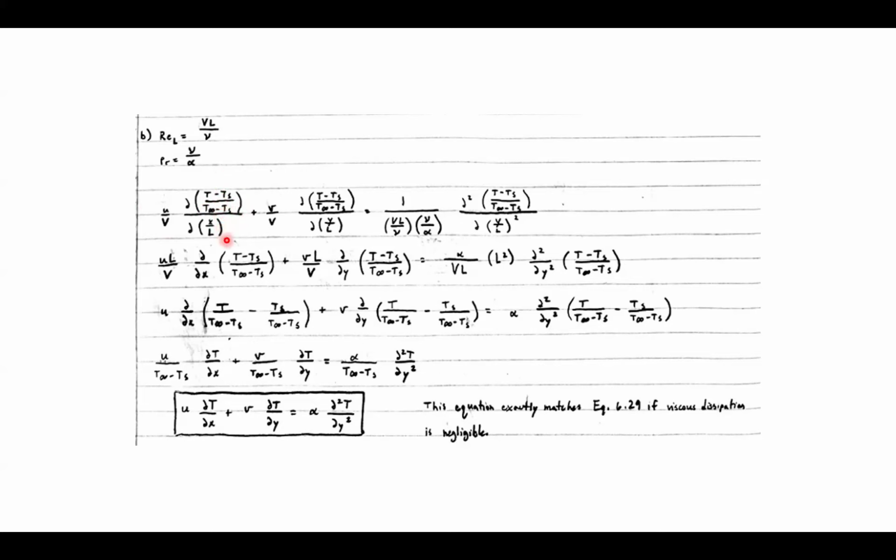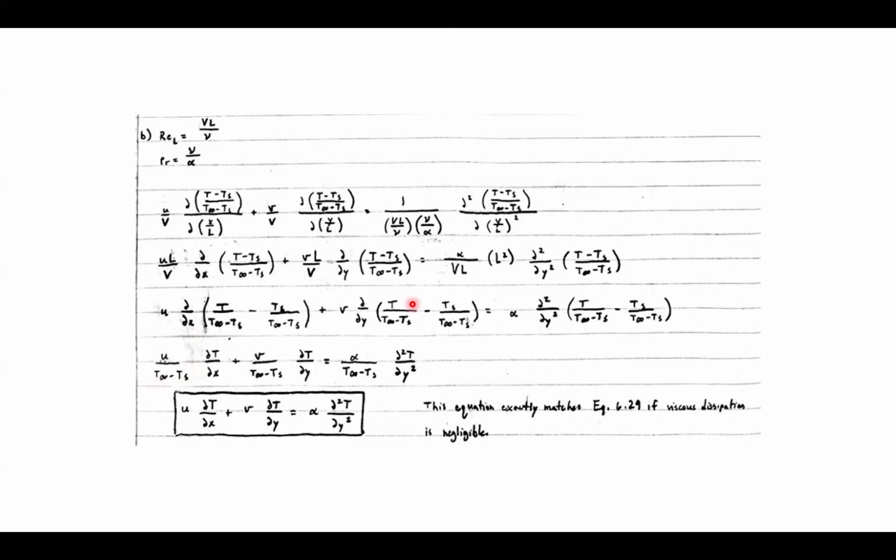And so you can just take those out front. So in the next line, you can see that if I take out this 1 over L, dividing by 1 over L brings this L up into the numerator.